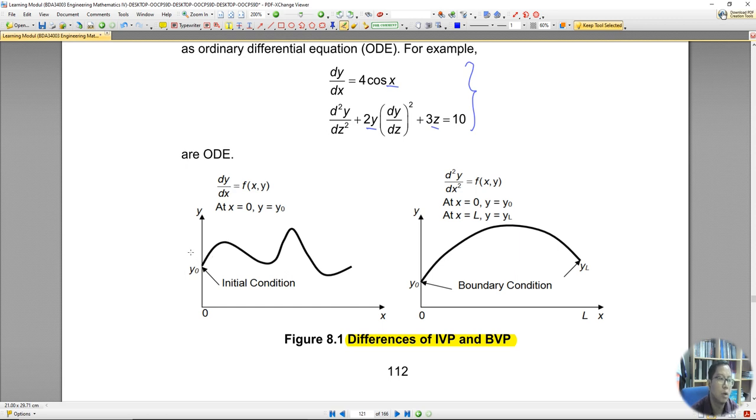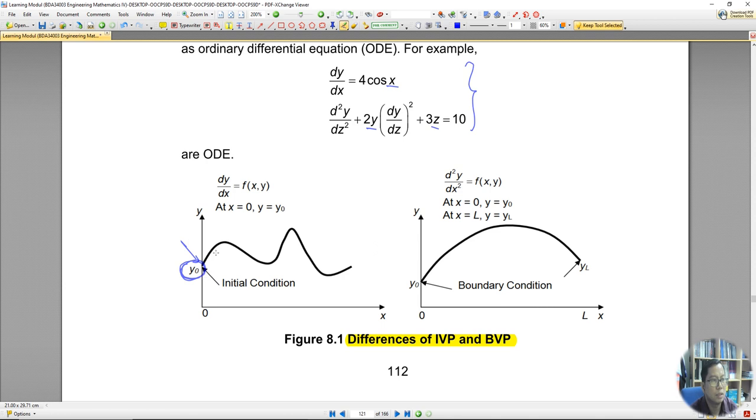initial value problem, which is only one. Okay, we have a graph here, and then we have a set of data, but we just only know the y value at the starting point.